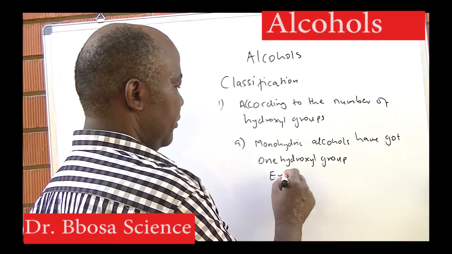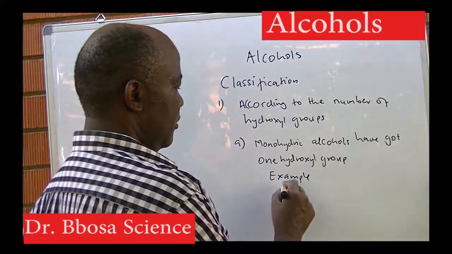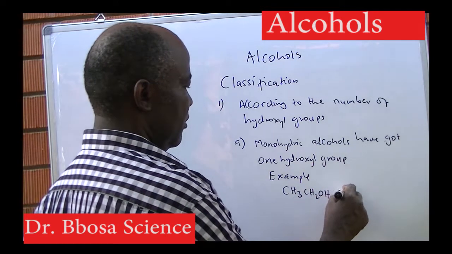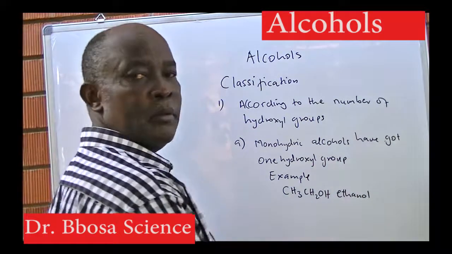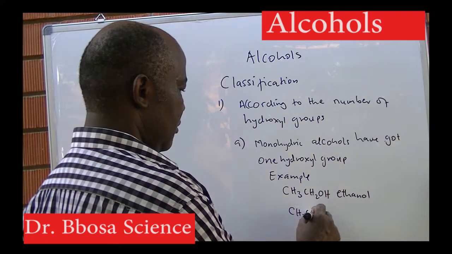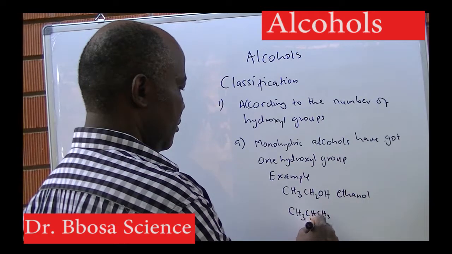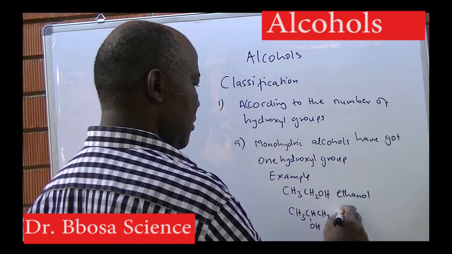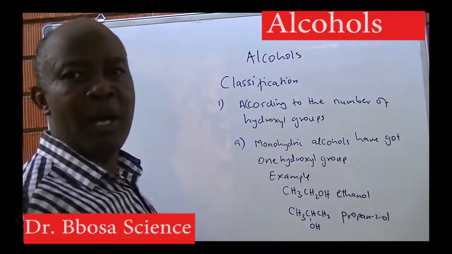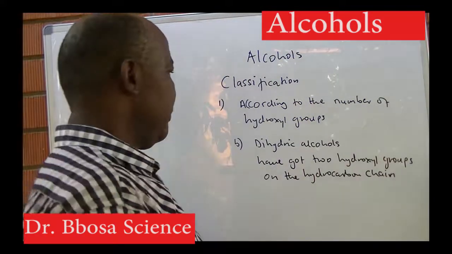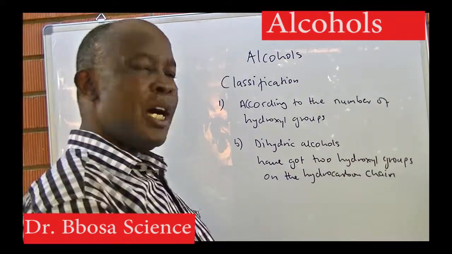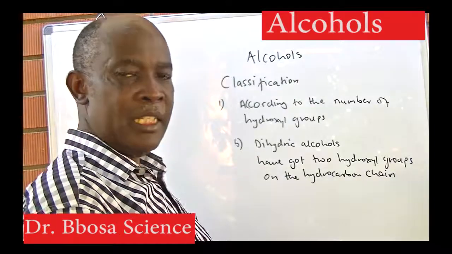Example: ethanol, propan-2-ol. B. Dihydric alcohols have got two hydroxyl groups attached to the hydrocarbon chain.